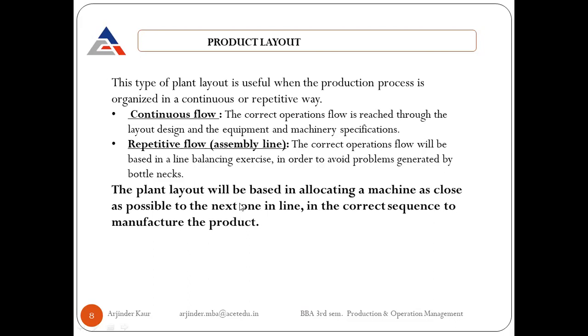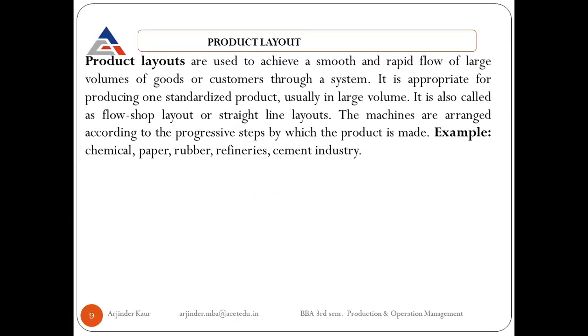So the plant layout here will be based in allocating a machine as close as possible to the next one in line in the correct sequence to manufacture the product. So as I've already told you that product layout is also termed as line layout. So why it is termed as line layout?